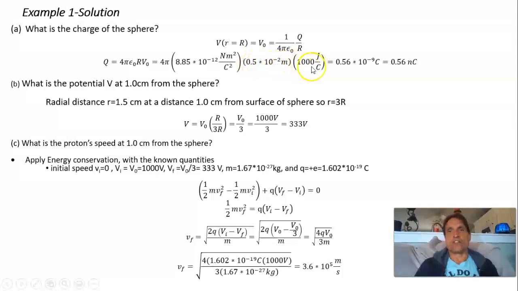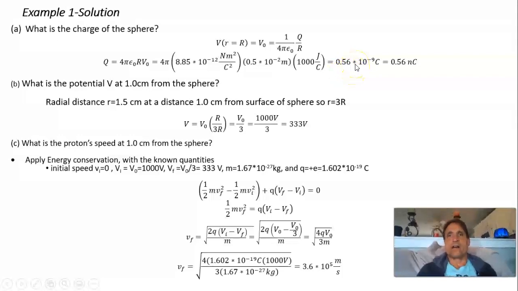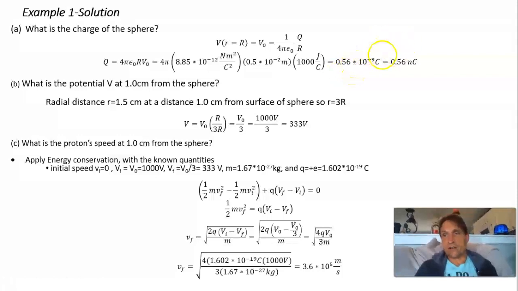The voltage is 1,000 volts, which is 1,000 joules per coulomb. We plug this in and we get that the net charge on the surface of the sphere is 0.56 times 10 to the negative 9 coulombs. 10 to the negative 9 is a nano, so this is 0.56 nanocoulombs. So that's the net charge on the sphere.